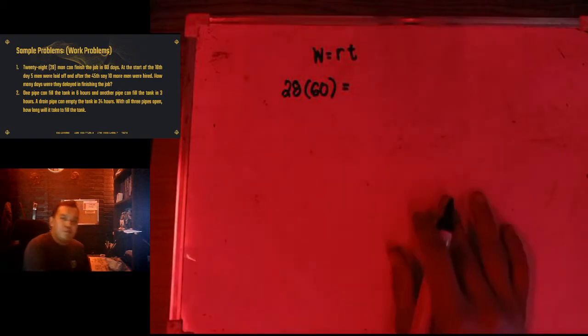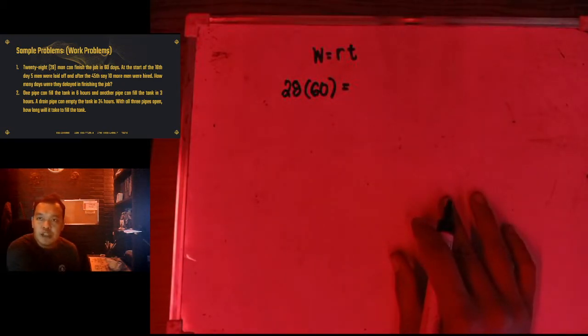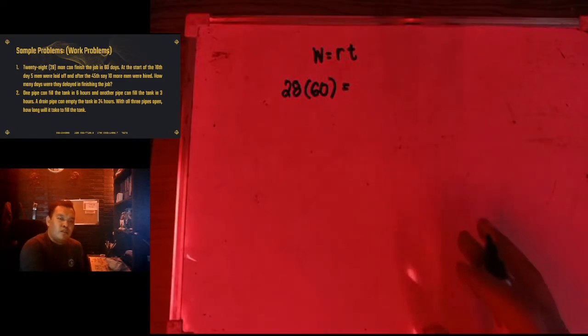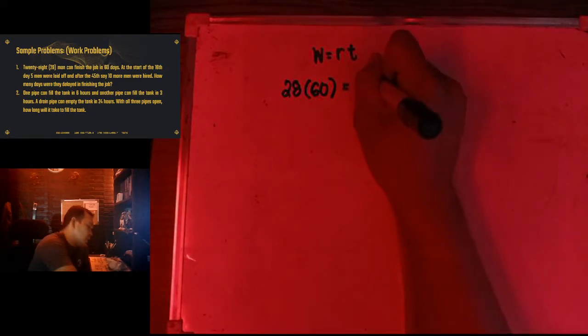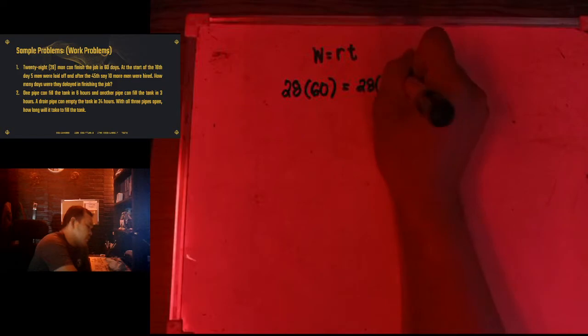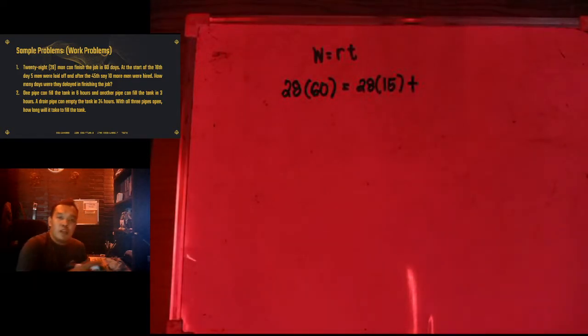No? Then, at the start of the 16th day, ibig sabihin, doon sa 15 days na nagtrabaho, 28 pa yung katao. So, 28 times 15. Kasi pagka 16th day, dun pa lang nag-laid off ng 5.